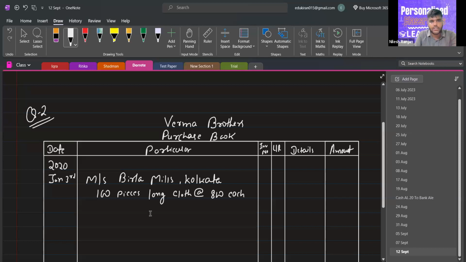And after that, 50 pieces of shirting at the rate 500 each.